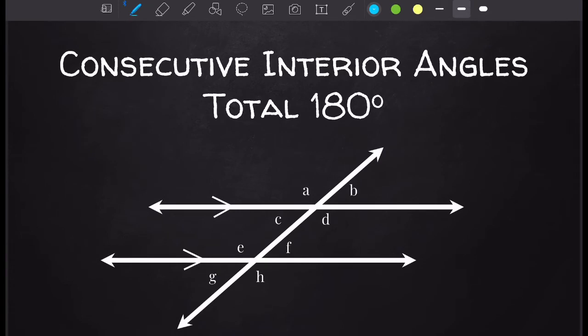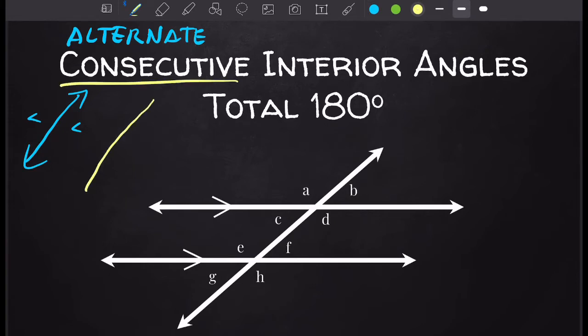Consecutive interior angles. In the other slides, we talked about alternate. We said that alternate means on either side: one angle is here, the other angle is here. That's alternate. Now, let's talk about consecutive. This means both angles are on the same side of the transversal, either both on the left or both on the right.